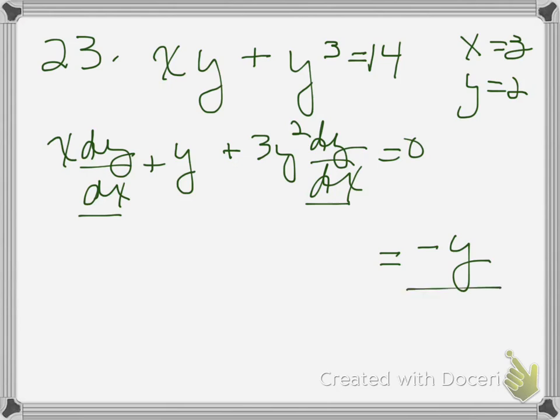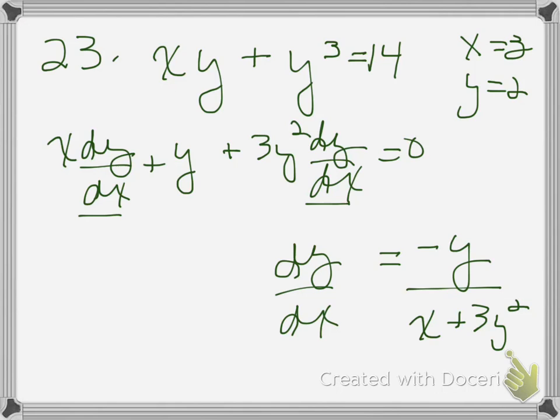I am going to combine terms, and I'm going to divide by x plus 3y squared, and that will get me dy/dx. So you probably want to do that a little bit more carefully than what I just did, but that should be your answer for your generic derivative.